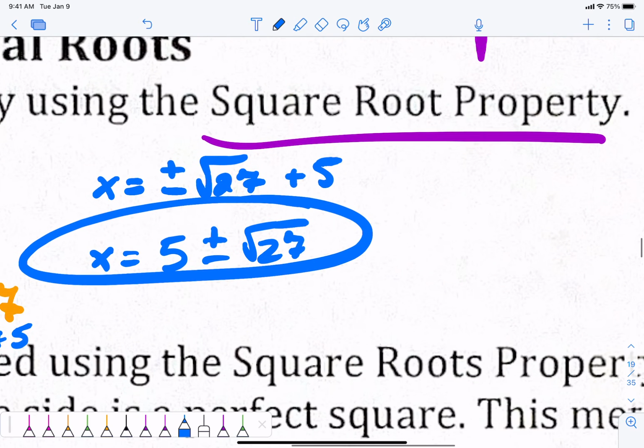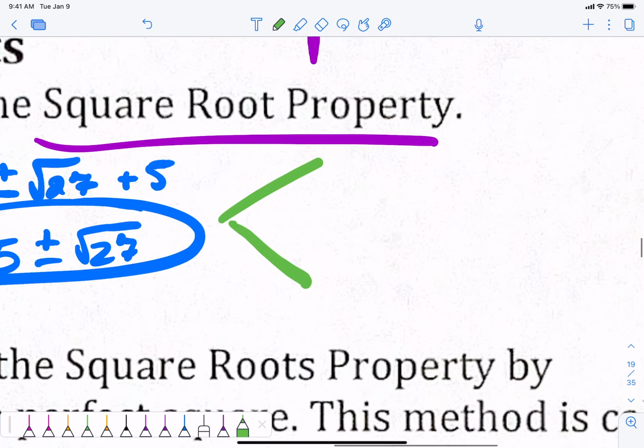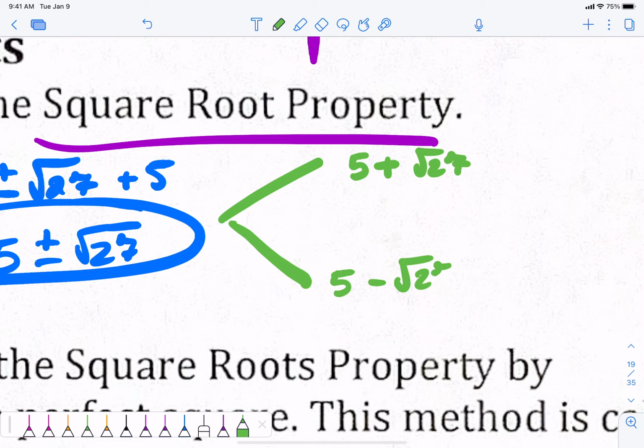Now, I want you to leave your answer like this when it doesn't come out nicely. But just so that we're clear, this means 5 plus the square root of 27 and 5 minus the square root of 27.